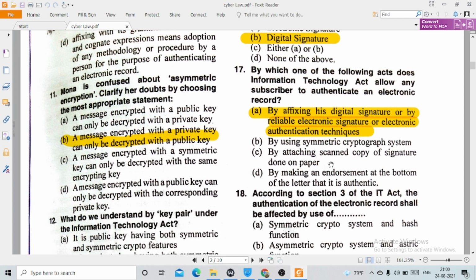By which one of the following acts does the Information Technology Act allow any subscriber to authenticate an electronic record? This is option A, by affixing his digital signature or by reliable electronic signature or electronic authentication techniques. By this procedure, any subscriber is allowed to authenticate an electronic record.